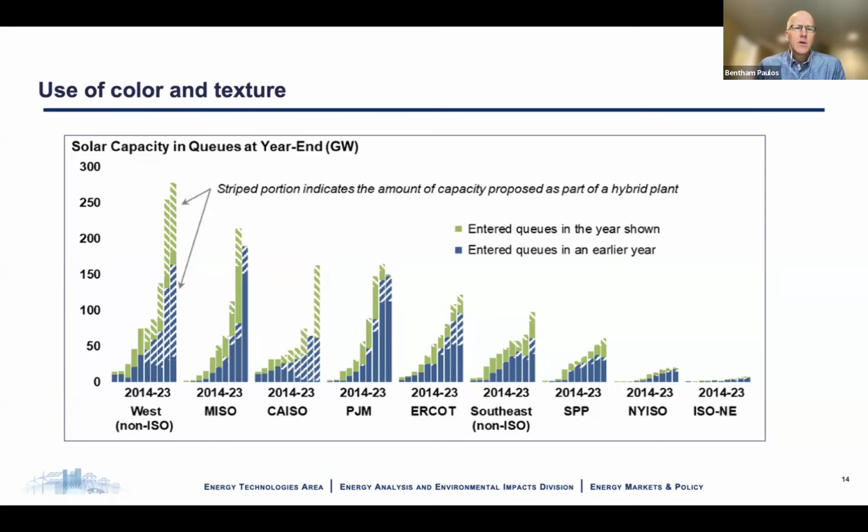And the use of color here shows what enters the queue in that year and then what the cumulative total is. So the use of color is pretty efficient. I'm not so sure about the textures, and I'll mention that in a minute.